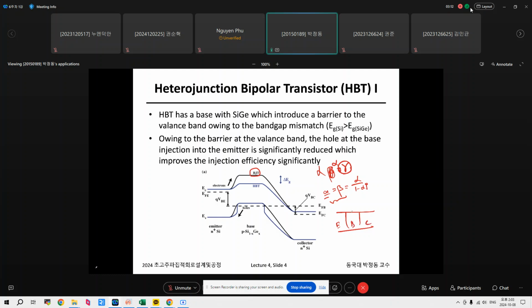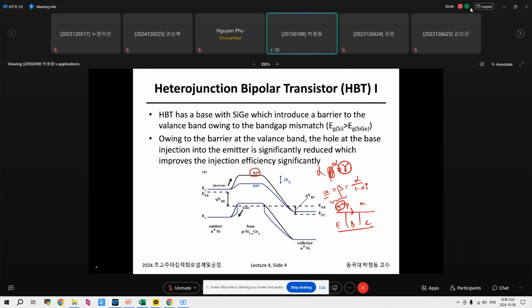What we do is provide a high ion implantation. We make this a P and this an N plus plus, and this an N. We provide high impurity to the emitter.